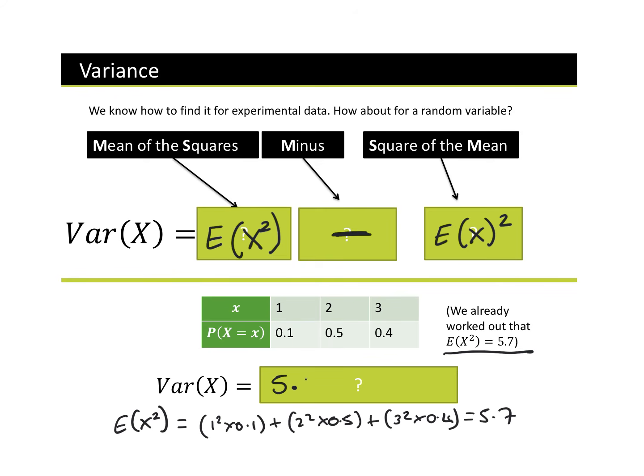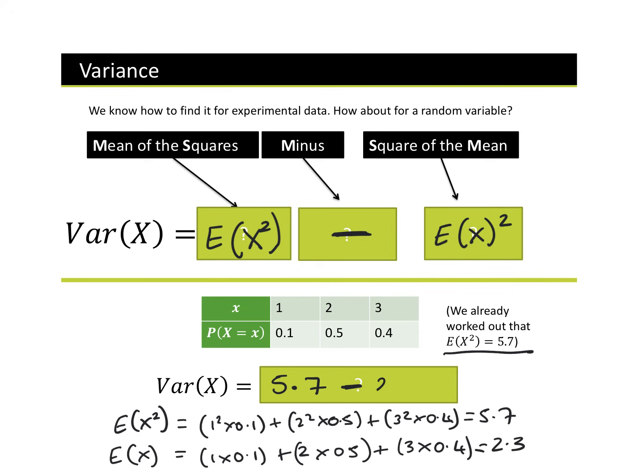So 5.7 minus, and then our mean is going to equal 1 times 0.1 plus 2 times 0.5 plus 3 times 0.4, which is 2.3. And we know we need to square 2.3 when we take it away. So that means our variance is 0.41.